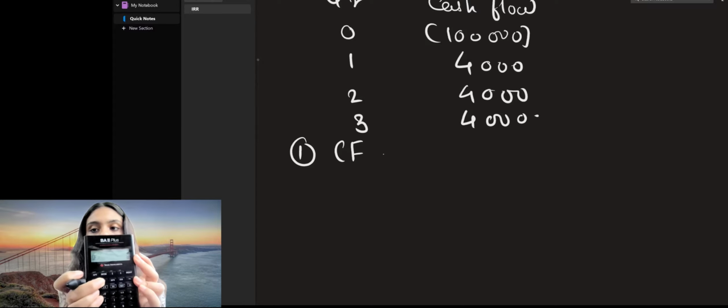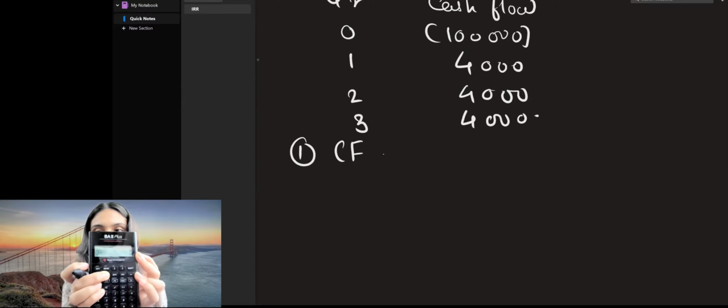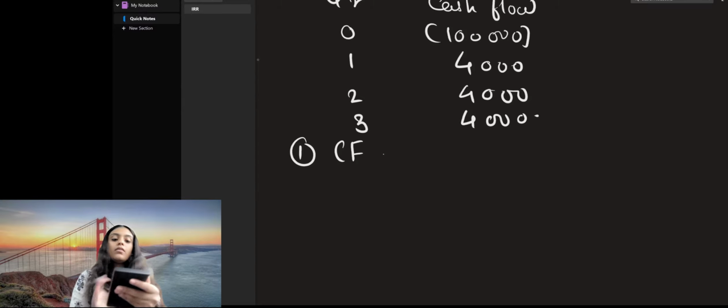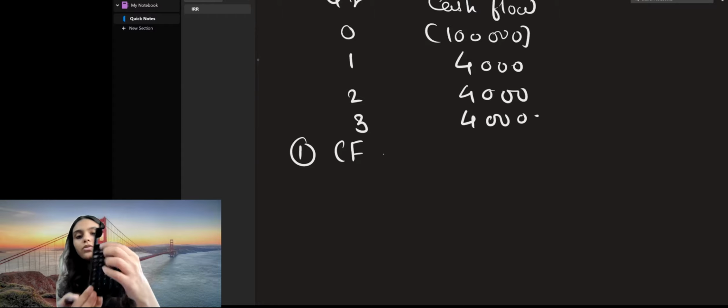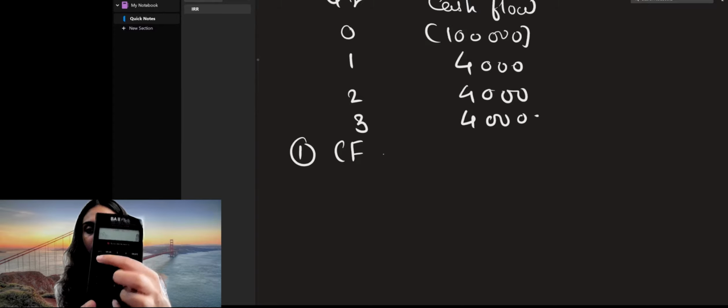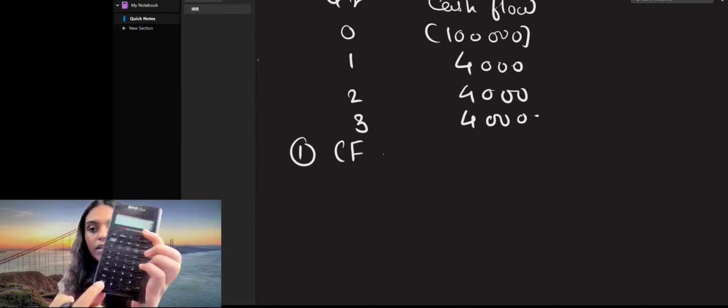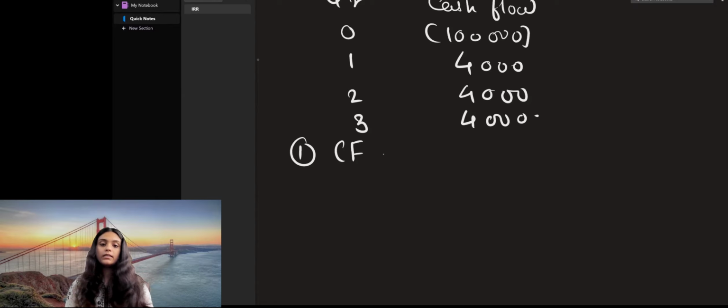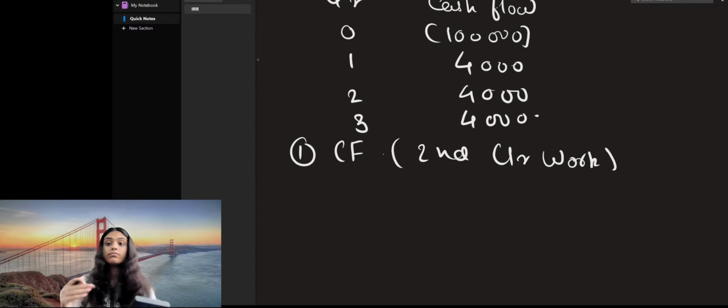Once you have selected CF, then click second, clear work. So what this does is that it clears out all the previous sums that you have solved, and it is very important for CFA students, because in exams you are in a hurry and then calculations get mixed up.